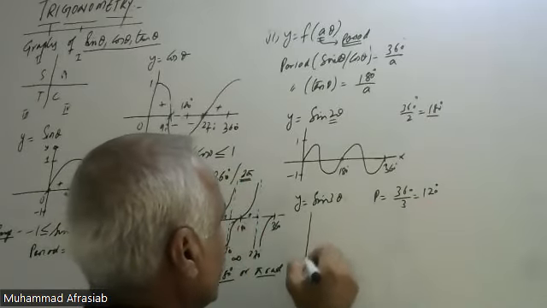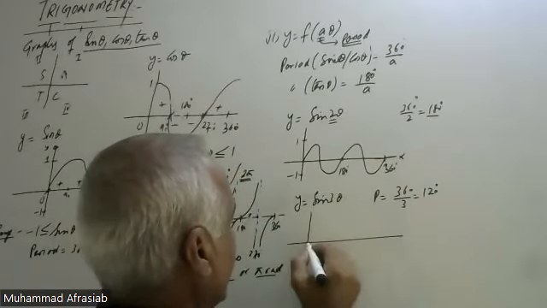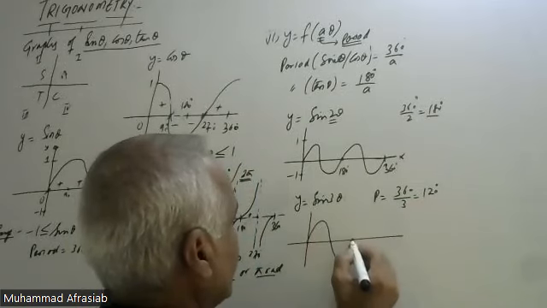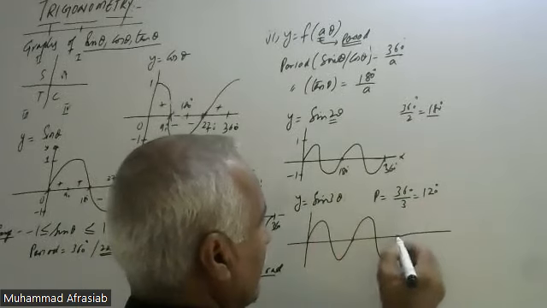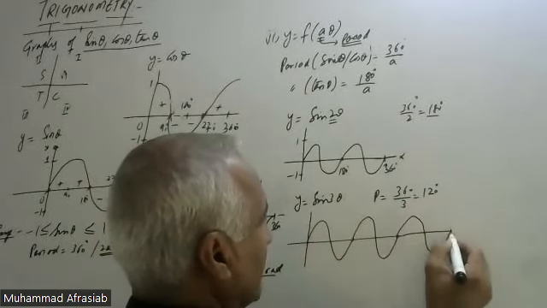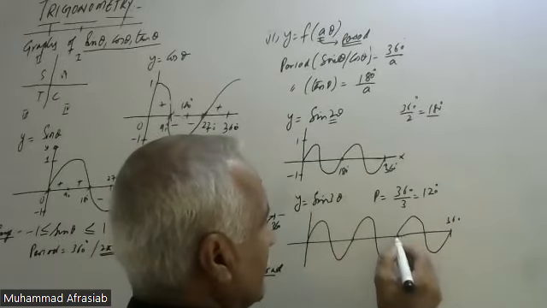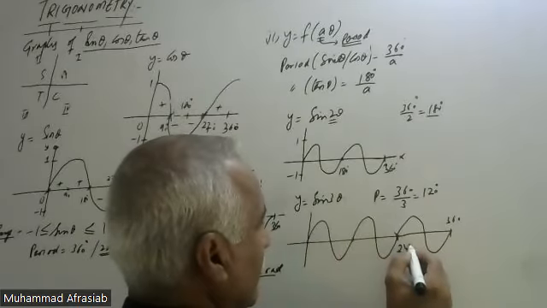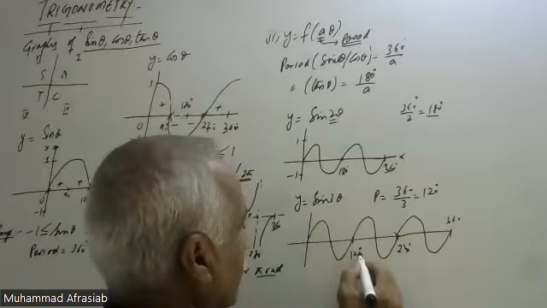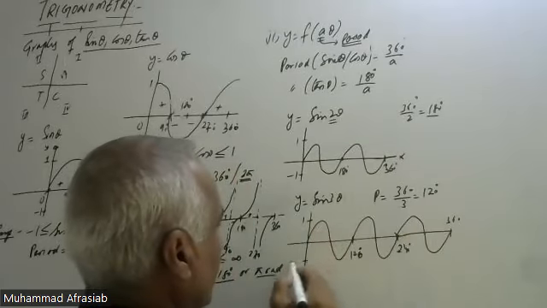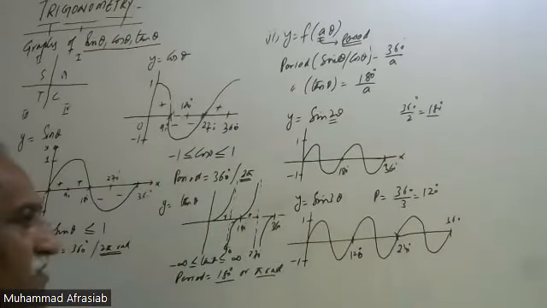So this means the graph will be like this: this will be one cycle, this will be the second cycle, and this will be the third cycle. So up till 360, it is going to make the shape of the graph like this, but 3 times it is going to repeat there.